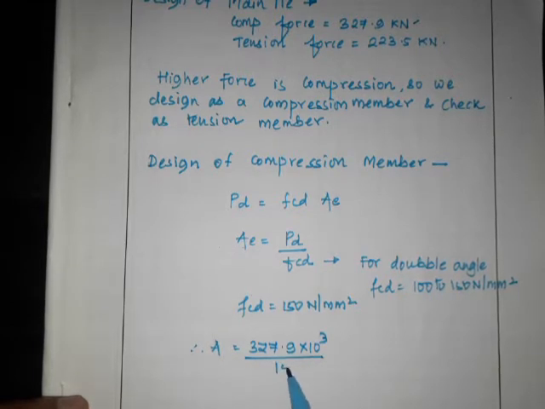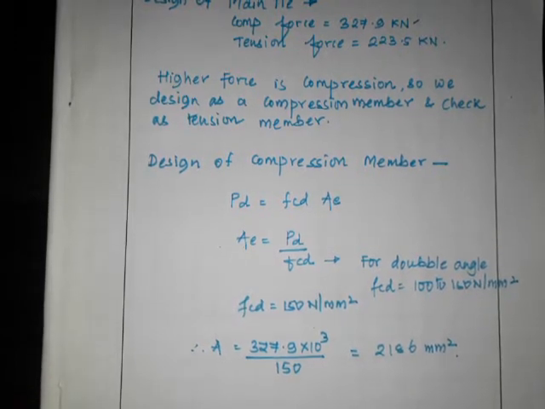FCD is 150. So we get area is equal to 2186 mm square. You have to select a member of area more or less, a little bit, 5% variation we can adopt. So 2186 is the area you have to choose.